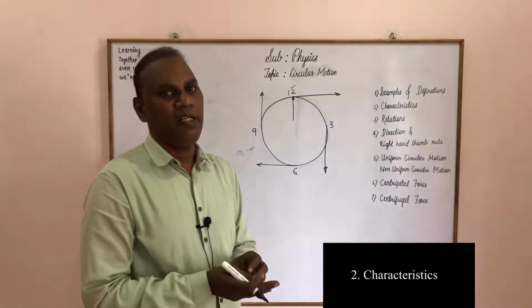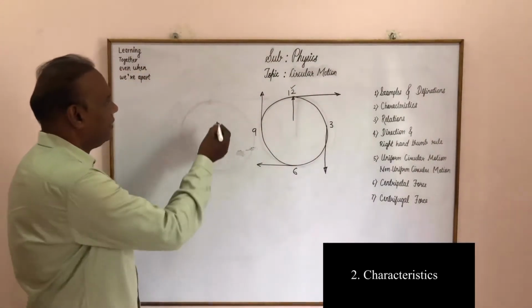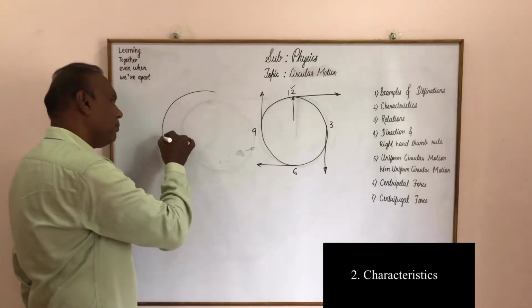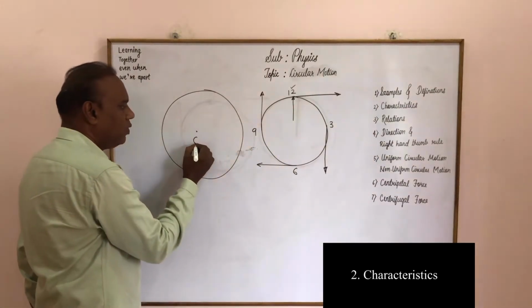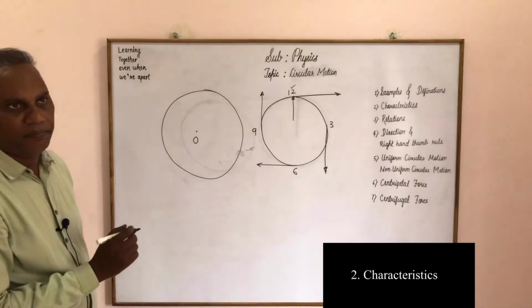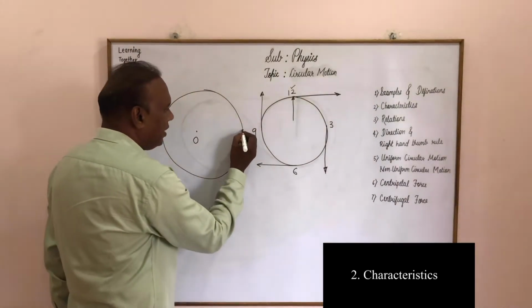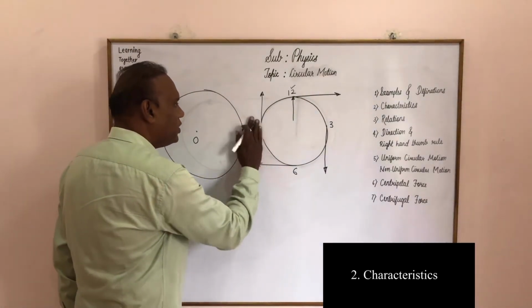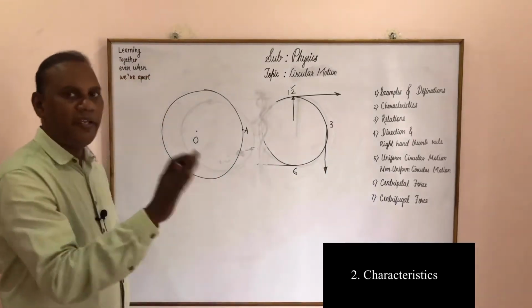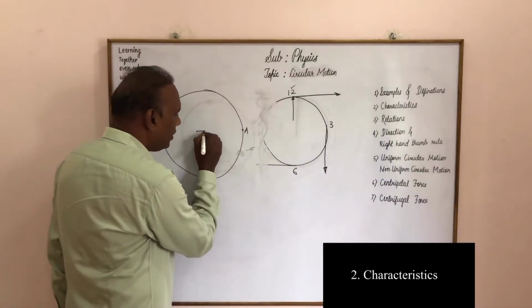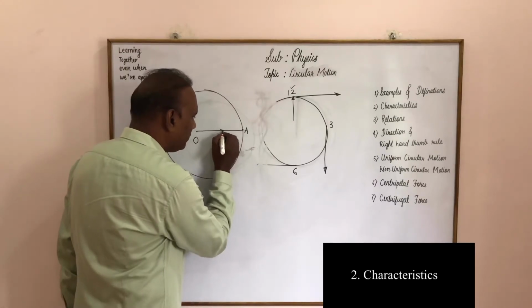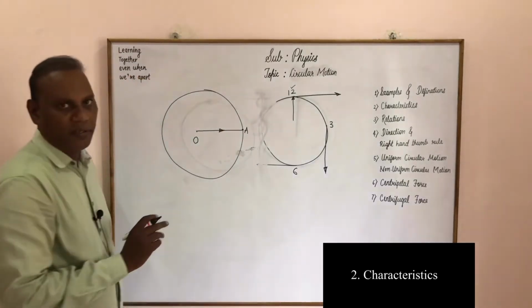In 11th standard, we studied that suppose a particle performs circular motion with center O as shown in the figure, and suppose A is the position of the particle at any time, then this position is joined with the center by a vector.